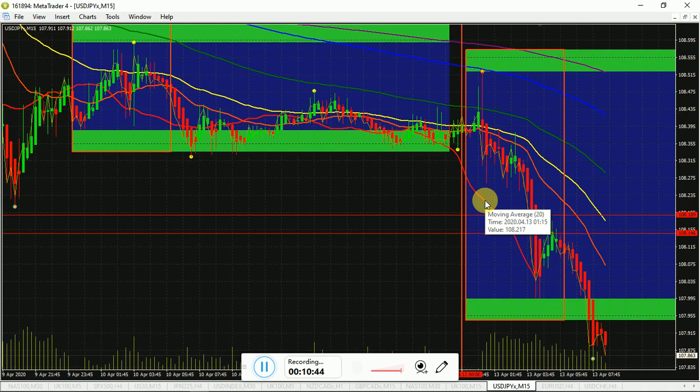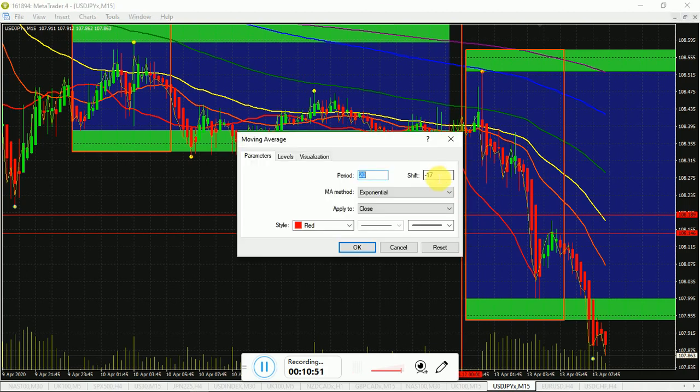Now 20 is a bit tricky, so I'm going to go into 20 so that you can see something here. 20 has a shift of -17 because 20 is our slowest signal in the graph.